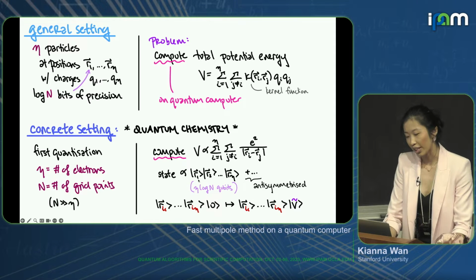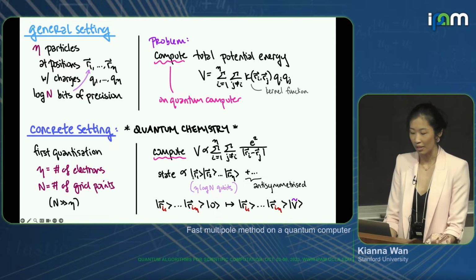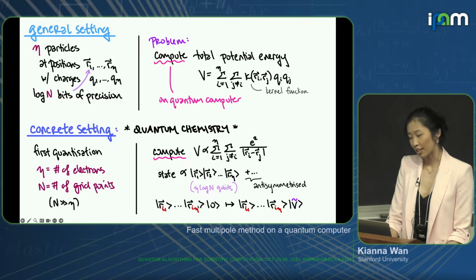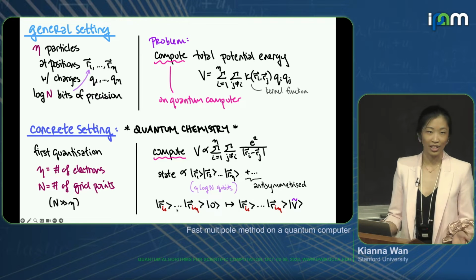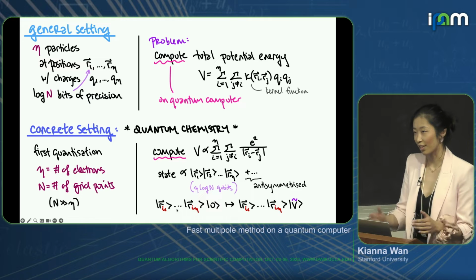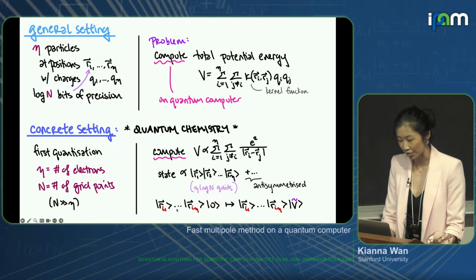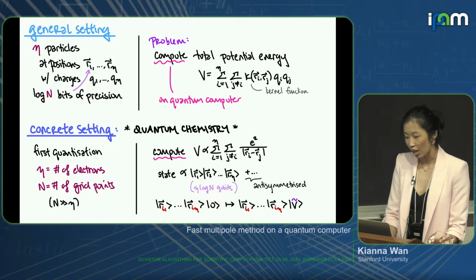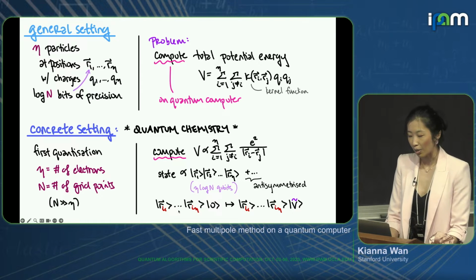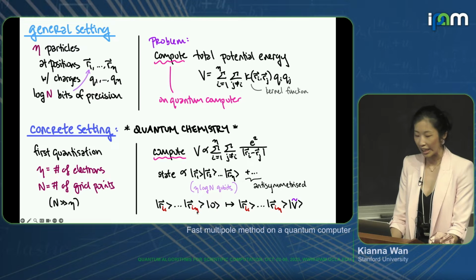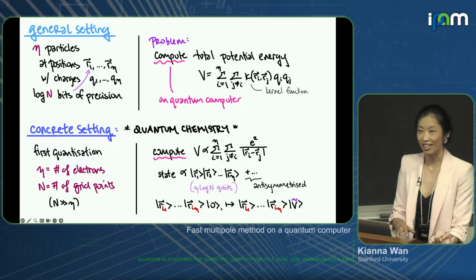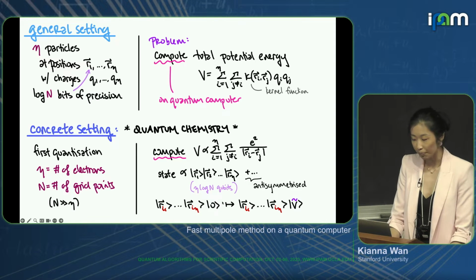And note that even though our state will be the superposition, it suffices to have this unitary act correctly on any computational basis state, because then obviously it'll act correctly on any superposition. So from now on, let's just consider a single set of positions, R1 to R eta. In other words, we can essentially think of this problem classically.